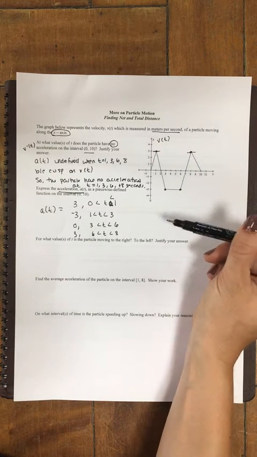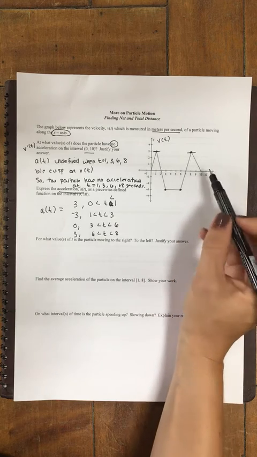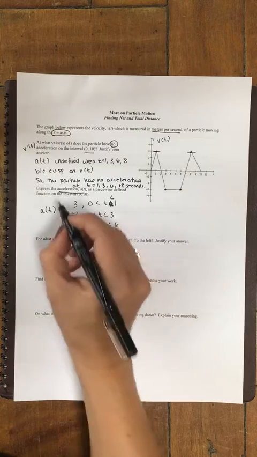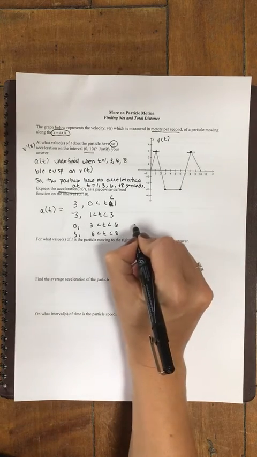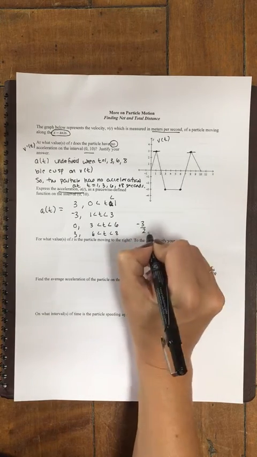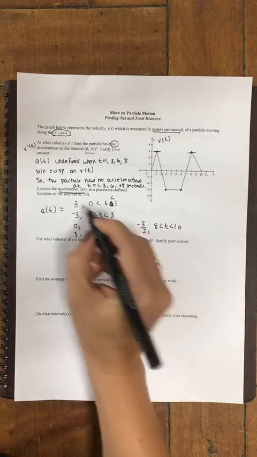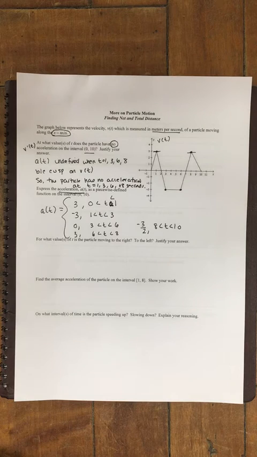It's undefined there. That's why all of these are open intervals. And the last one is down 3 over 2, so I'm just going to put it next door because I ran out of space. Negative 3 over 2, from 8 to 10. So there's our piecewise defined function for acceleration.